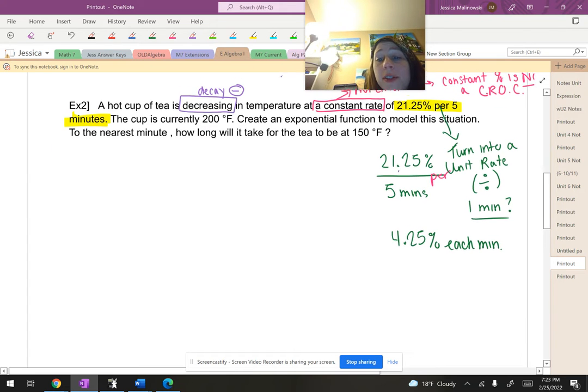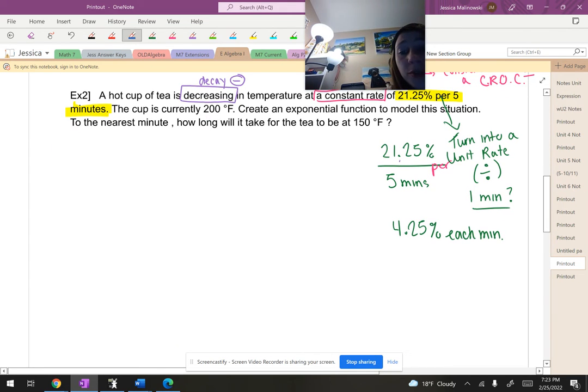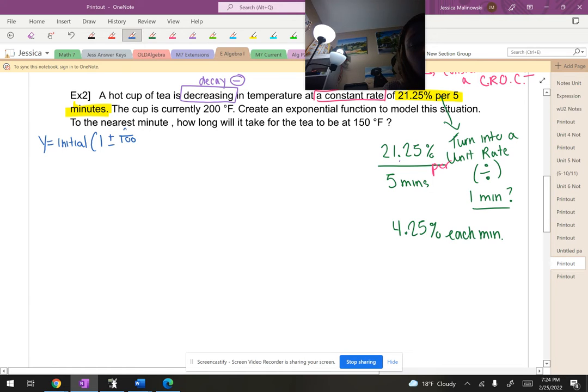Okay, I'm going to use that to create my equation: y equals initial times 1 plus or minus percent over 100, to the t time. I like to rewrite it because it's important for me. The cup is currently 200 degrees, so the initial value is 200.